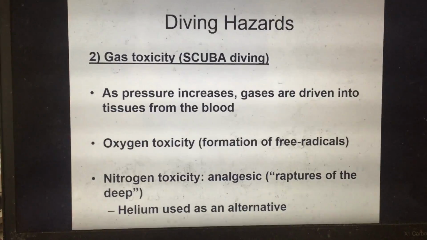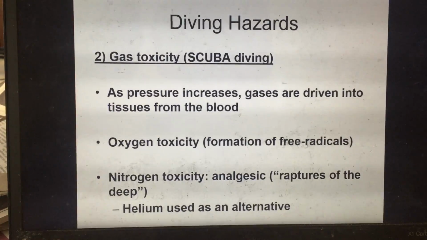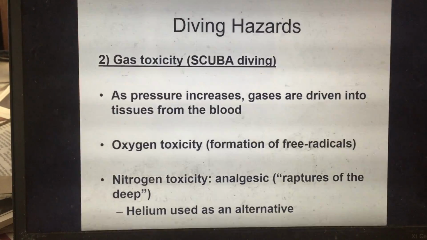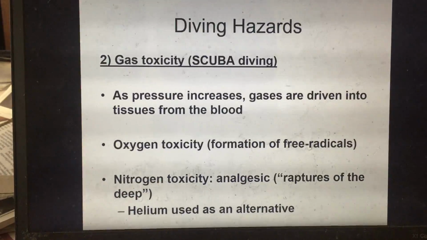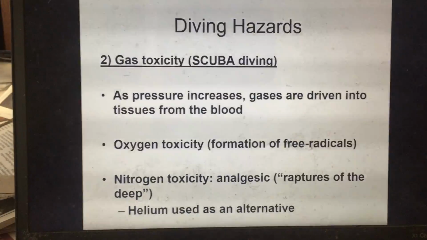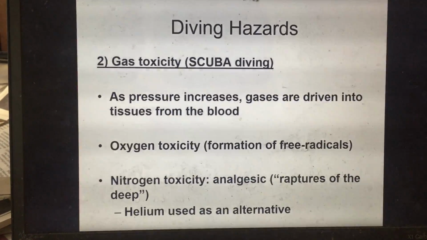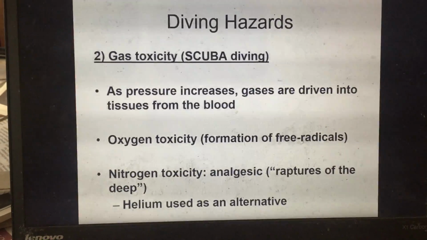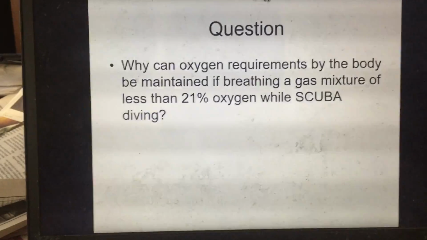So when you're scuba diving, they often fill your tanks with helium to replace some of the oxygen and nitrogen that's normally in the air, to prevent these toxicities. You still have a certain amount of oxygen in your tanks because your body depends on oxygen for survival, but the amount of oxygen is reduced to prevent oxygen toxicity, and it is replaced by helium.